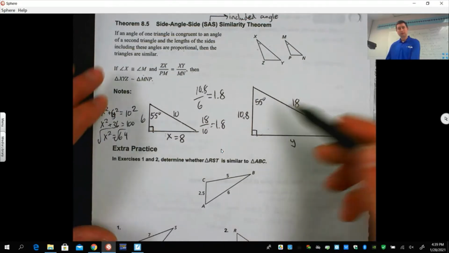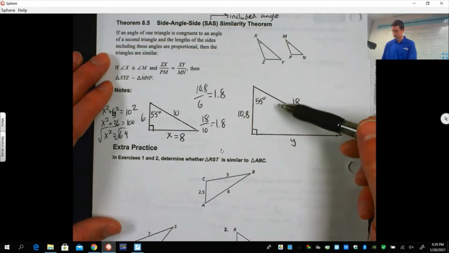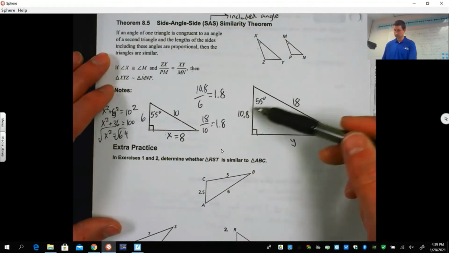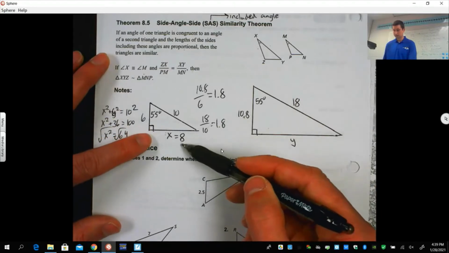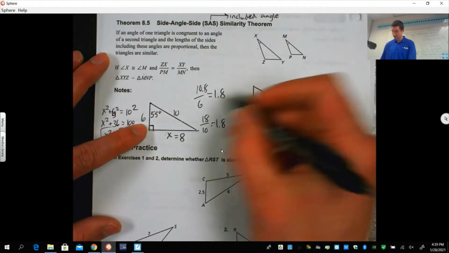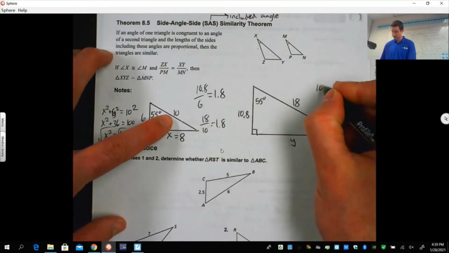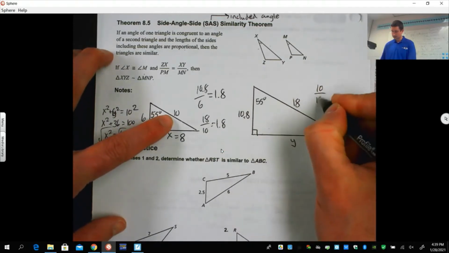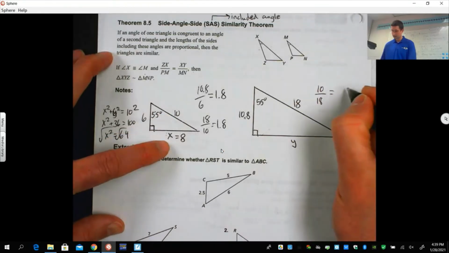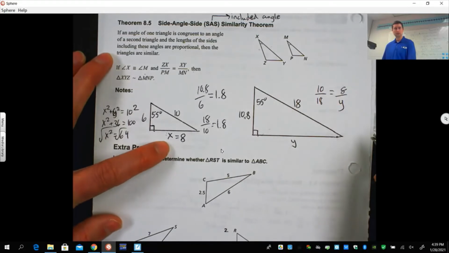Now we can do the same thing on this other one. We can do y squared plus 10.8 squared equals 18 squared. We can solve it that way. Or now that we know this side, we can set up a proportion. I could go 10 over 18 equals 8 over y.